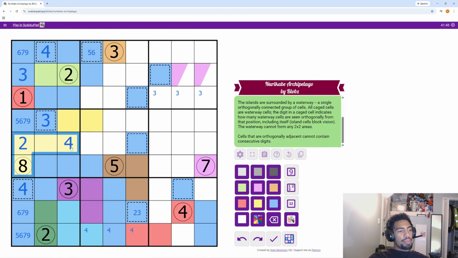And now I have 6 yellow cells. And I can black this again. So I'm either going 2 digits into here, or I'm going here in 1 digit, here in 1 digit, or I'm going like this.